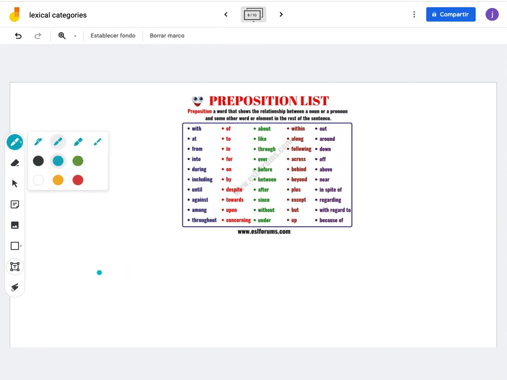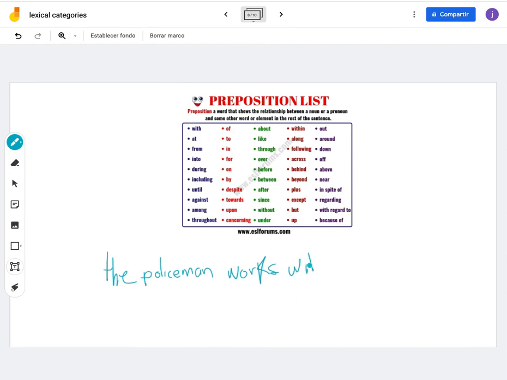The policeman works with his brother. The sentence is: the policeman works with his brother.